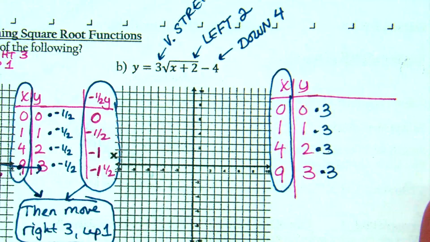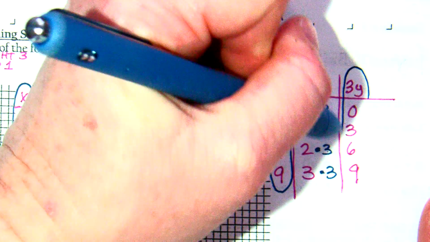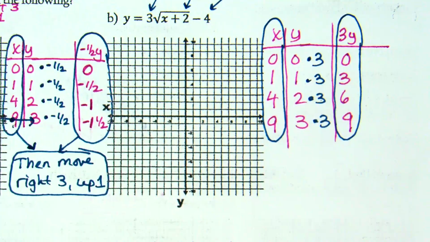So, I like to write this down. 0 times 3 is 0. 1 times 3. 2 times 3. 3 times 3. Challenging math there, I know. Sorry, I guess I'm feeling sarcastic today. Or extra sarcastic. So, we're going to graph these points right here.